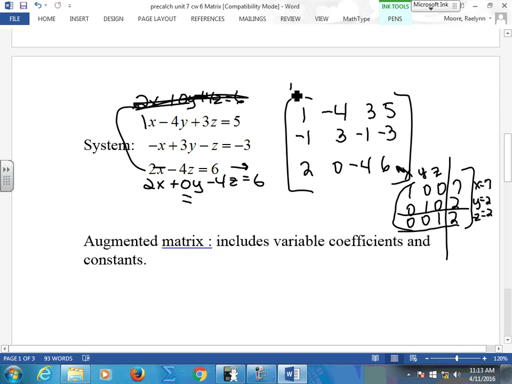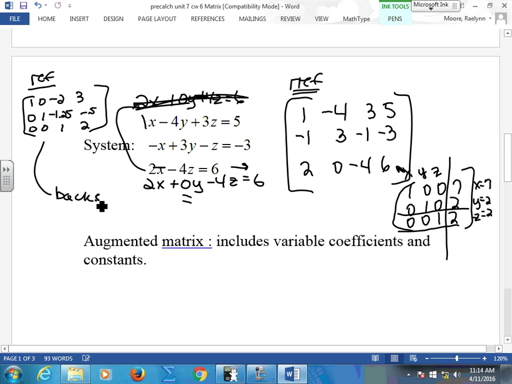This is RREF. This is REF. Guys, I really need your attention through this. I'm just going to show you the difference between these. Okay, now, this REF is how we back substitute.